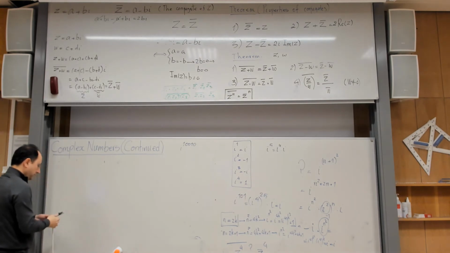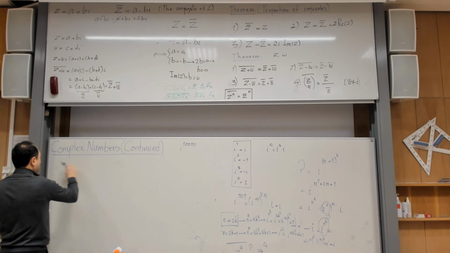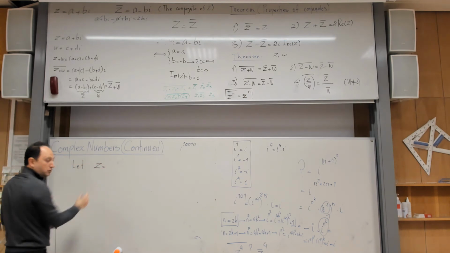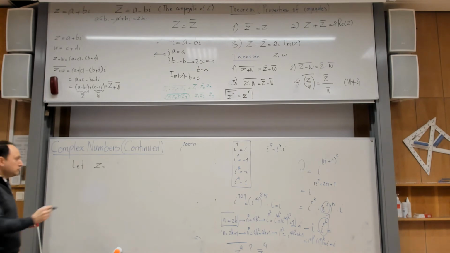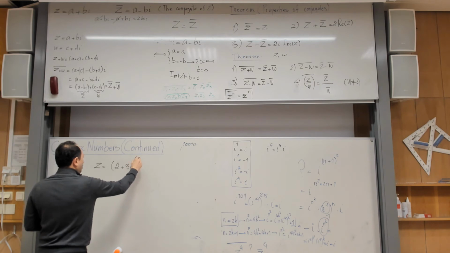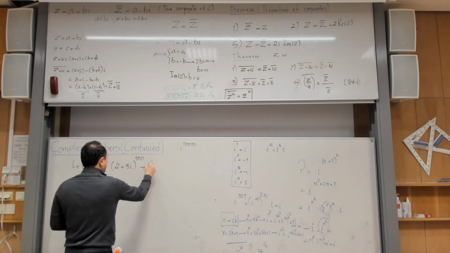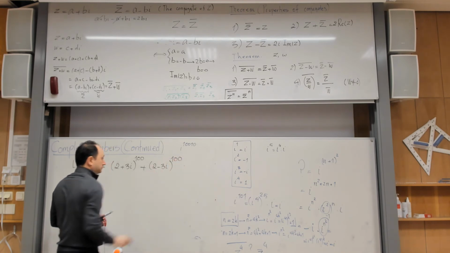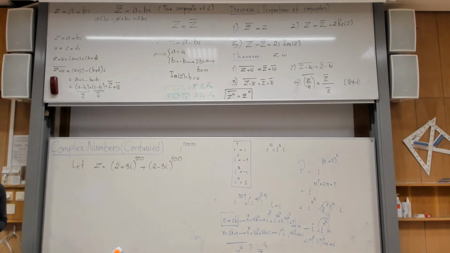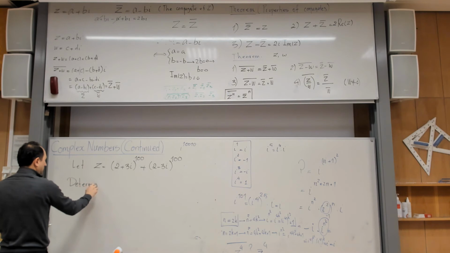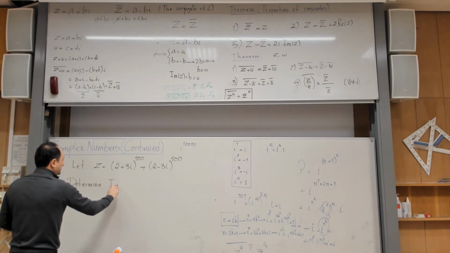So, let Z be equal to this number, (2 plus 3i) to the power of 100 plus (2 minus 3i) to the power of 100. Yes? Determine the imaginary part of Z.